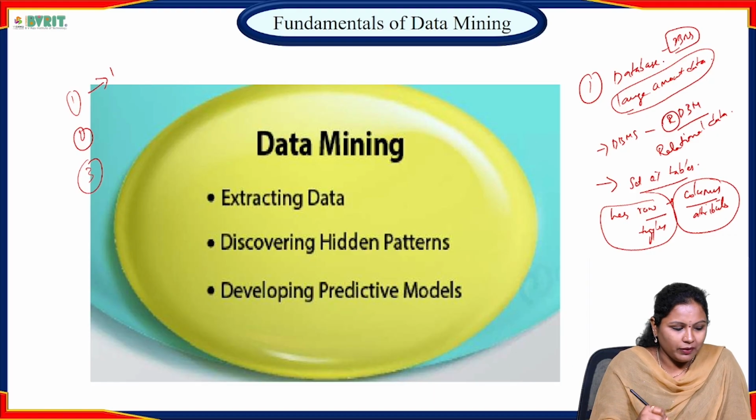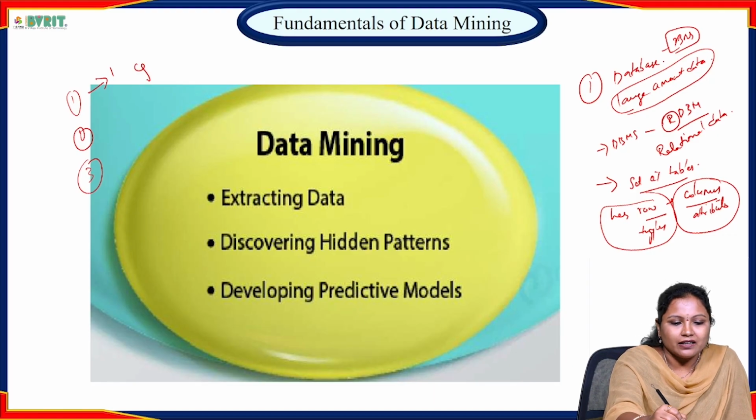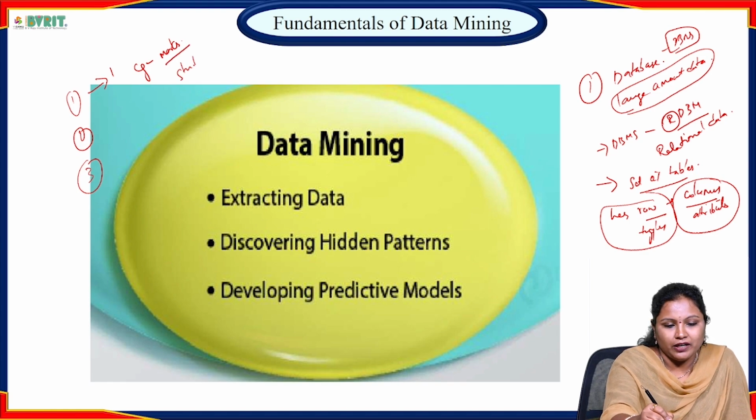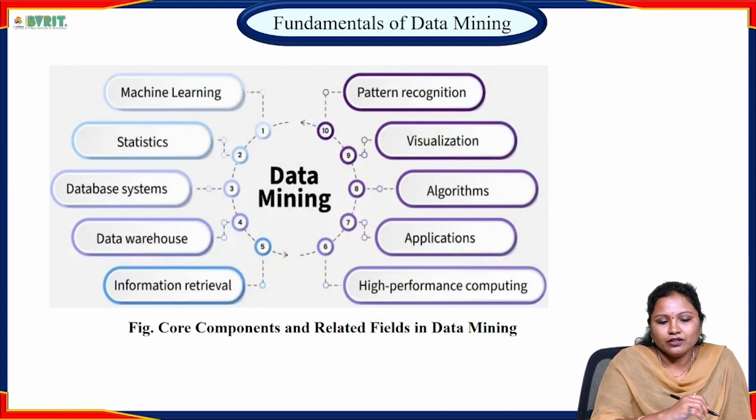Based upon that, we mine the data. For this, we can consider an example like a mark sheet. A mark sheet consists of student roll number, student name, and student marks. If a student has 6 subjects, there are 6 different marks in the database, right?